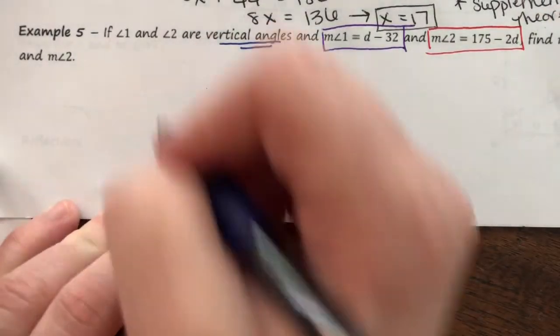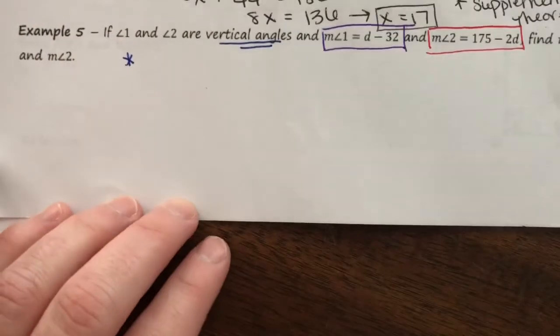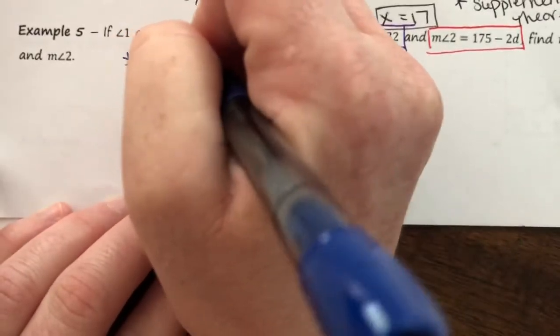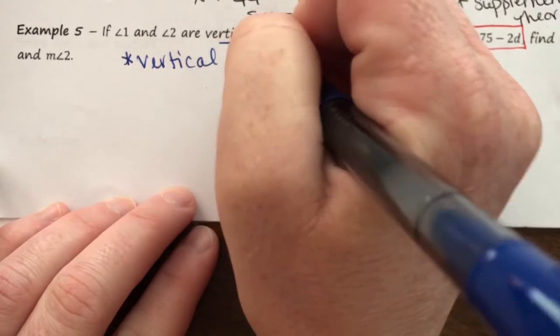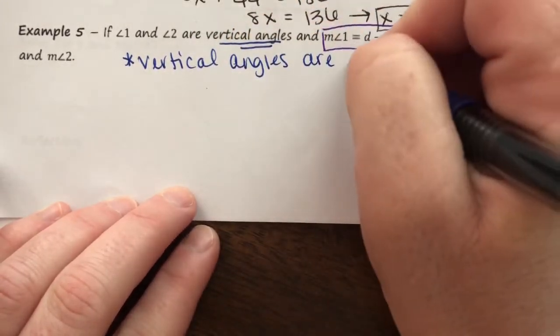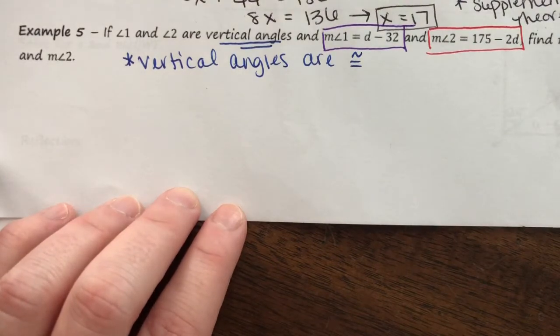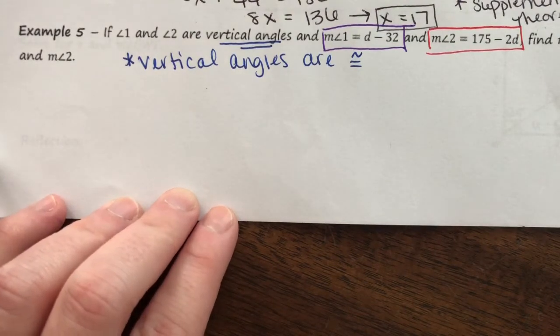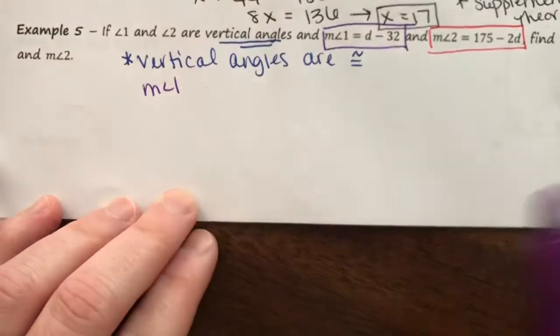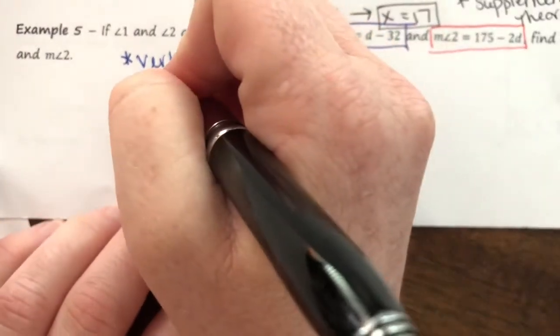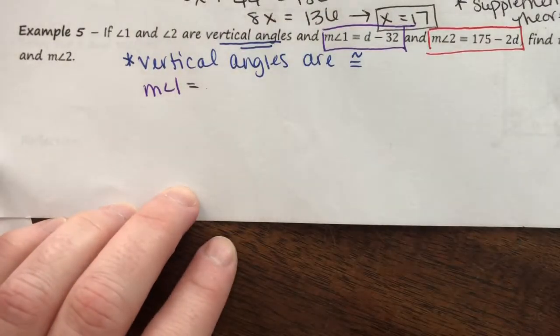So what do I know about vertical angles? I know they are the exact same size. They are congruent. So I know vertical angles are congruent, or they are equal in size. So first thing I'm going to do here is set equal to each other the measure of angle 1 and the measure of angle 2.